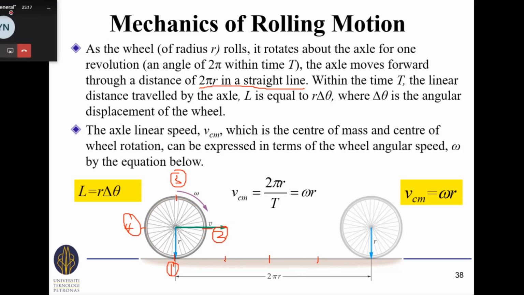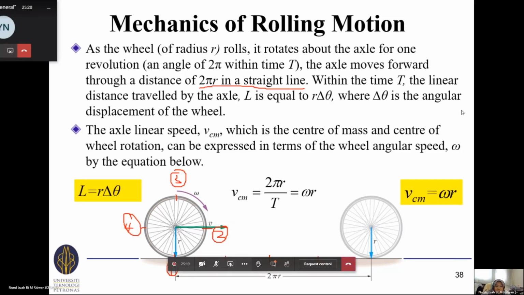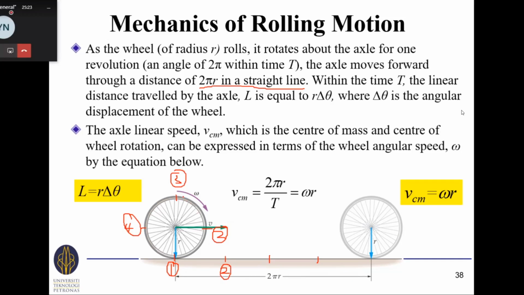Sometime later, point 2 will reach this point. After some time, point 3 will reach this point on the ground. After rotating some more, point 4 will reach this point, and later back to point 1 here. So this means the object has completed one whole rotation. While it is rotating, it also moves a certain distance on the ground.